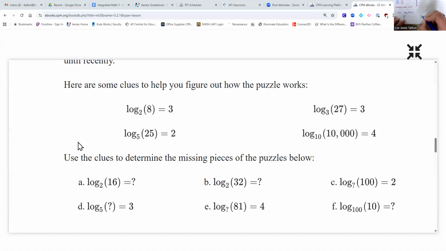Four, 16. Yeah, but 3 to the 2 is a. 2 to the 5 is 25. Yeah, I don't get that. It's 5 to the 2. So it would have to be 2 to the something.